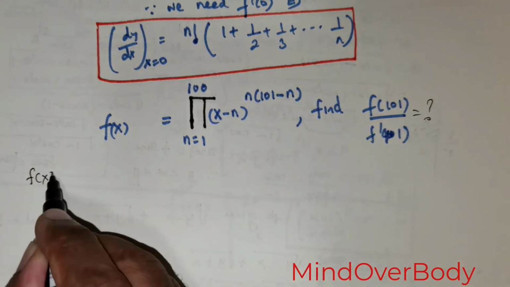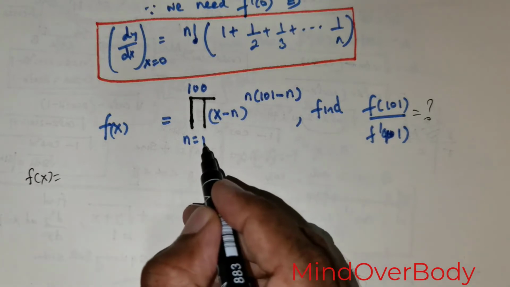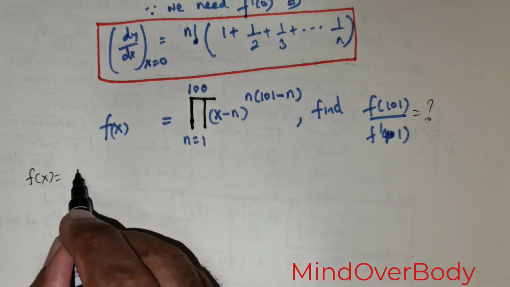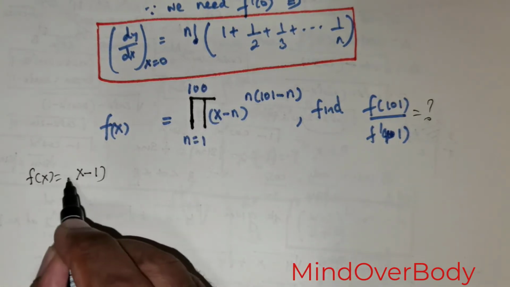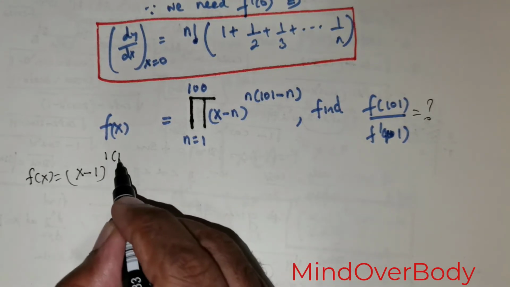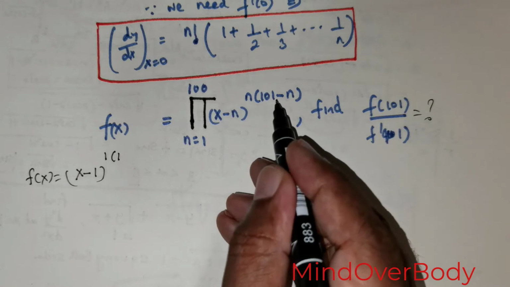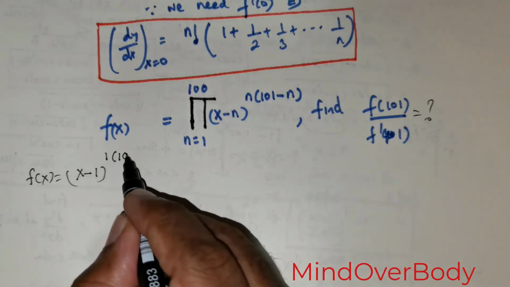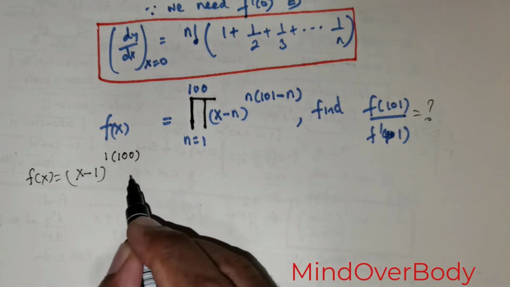So f of x is equal to, n takes the value 1 to 100. It's going to be (x minus 1) for n equals 1, raised to the power of 101 minus 1, so that's 100.